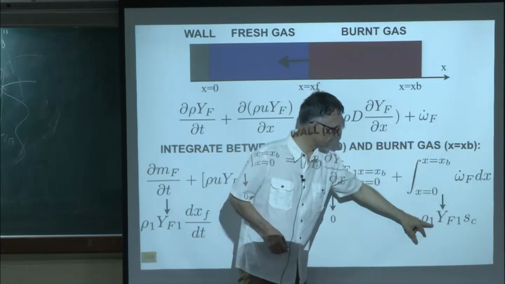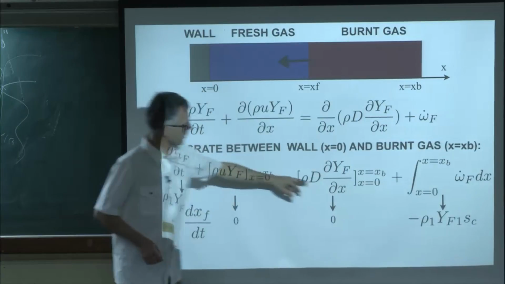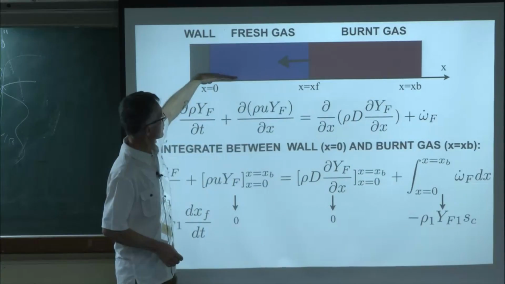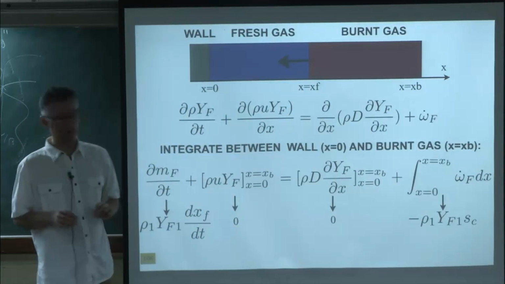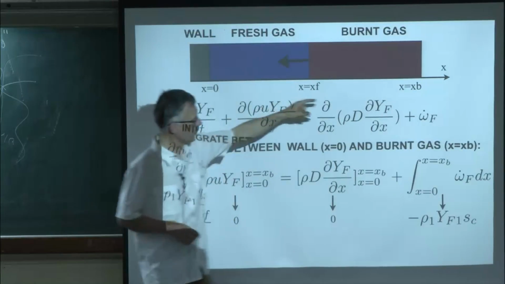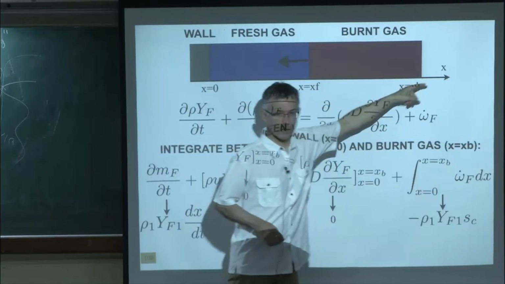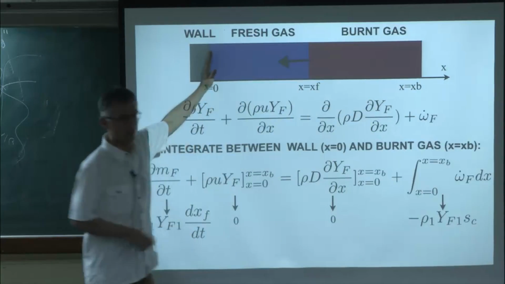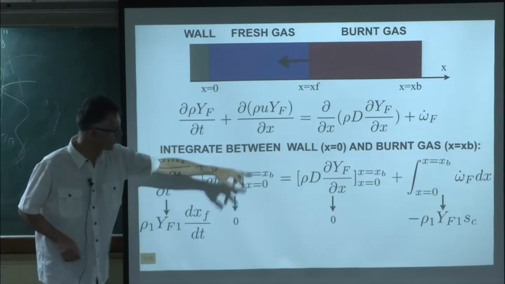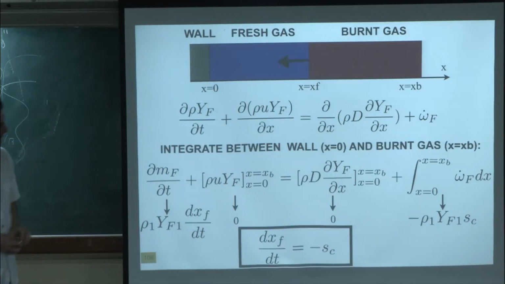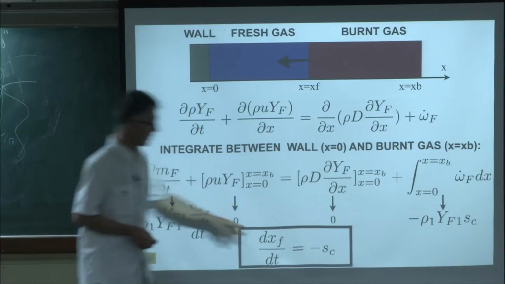So this I know. These two things here, this is 0 because there is no gradient here and no gradient there. And this thing is 0 for another reason. It's 0 because there is no fuel here on that side. And it's 0 on this side because it's a wall. Okay? So I'm left with this thing equal to that thing, which tells you that dxf/dt equals minus SC.